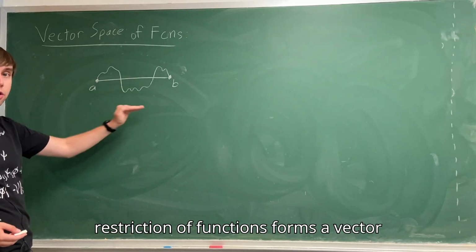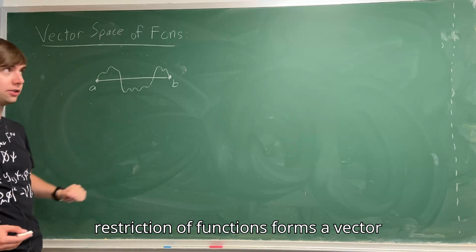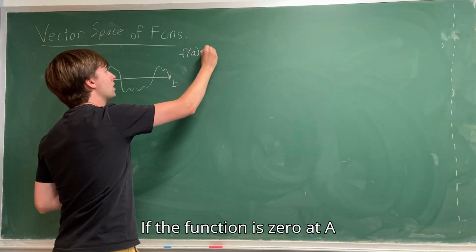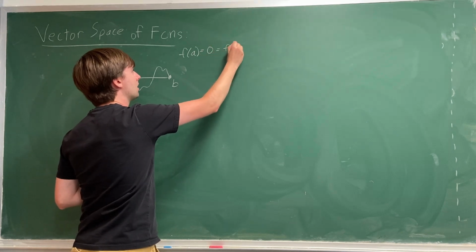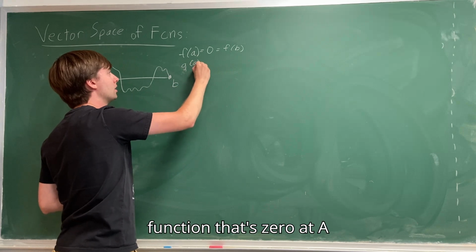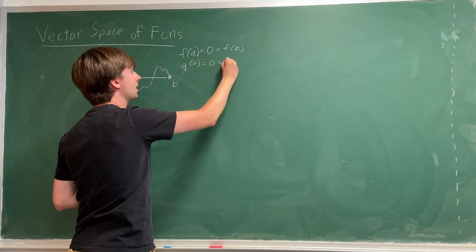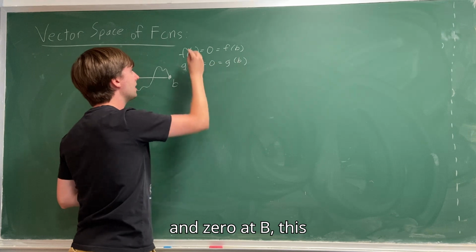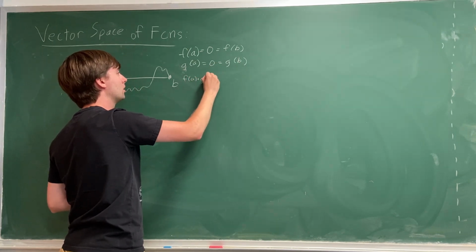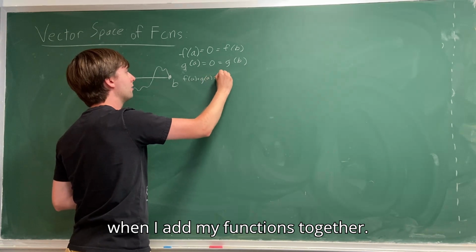And this restriction of functions forms a vector space. If the function is 0 at A and 0 at B, and if I get another function that's 0 at A and 0 at B, this still holds true when I add my functions together.